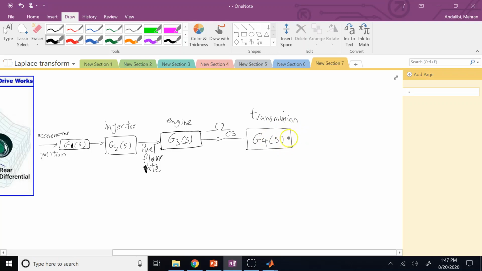It could be as simple as a gain, so it makes the RPM go up or down, but it's not really that simple. But if you consider a very simple manual transmission and neglect the effect of lubricant and friction and everything, you can just consider it a gain. Then this one goes into what? This one goes to the drive shaft, and then it goes to the differential.